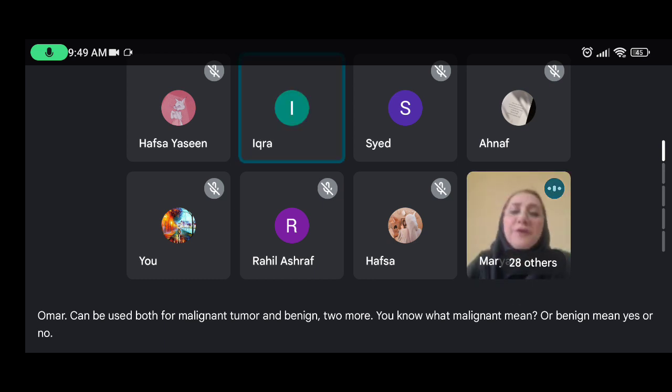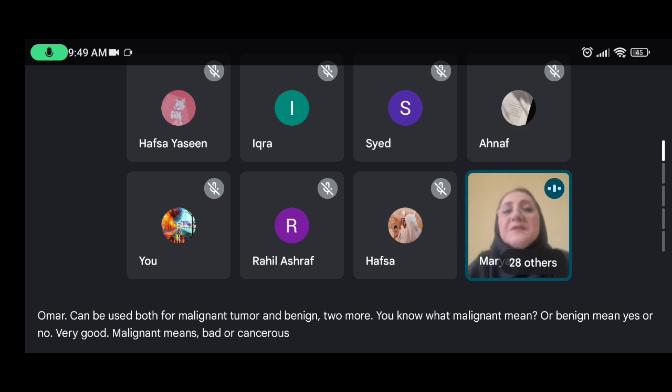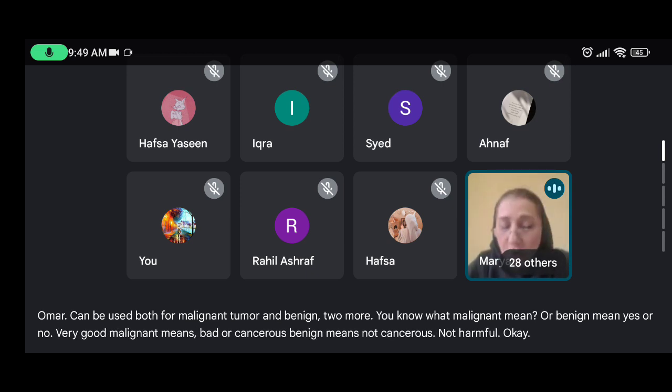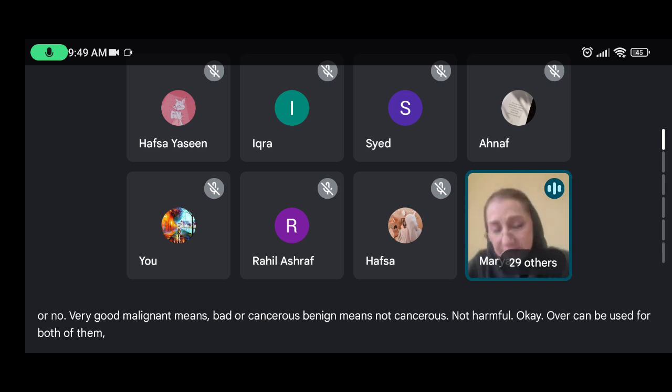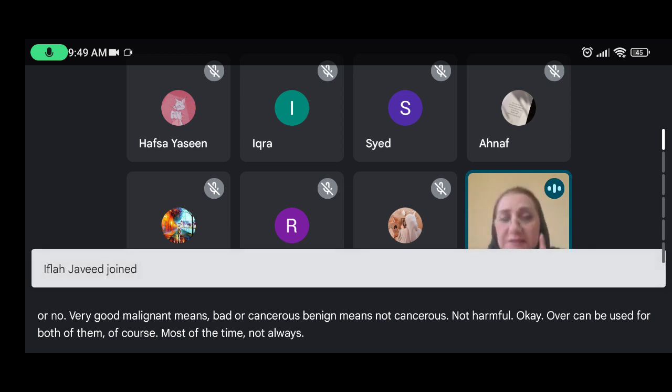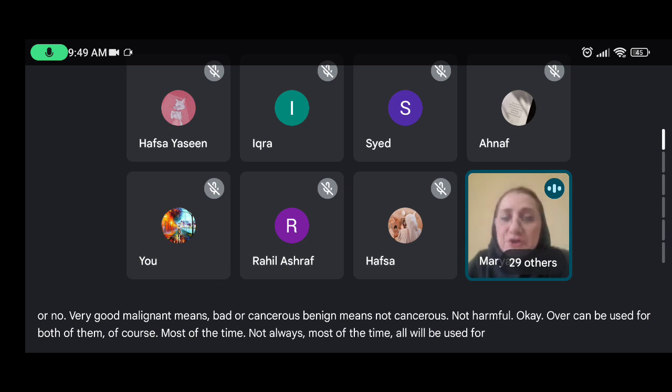Yes, ma'am. Very good. Malignant means bad or cancerous. Benign means not cancerous, not harmful. Okay? Oma can be used for both of them. Of course, most of the time, not always, most of the time, oma will be used for benign tumor.